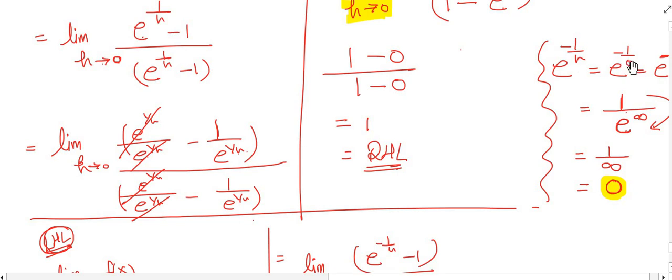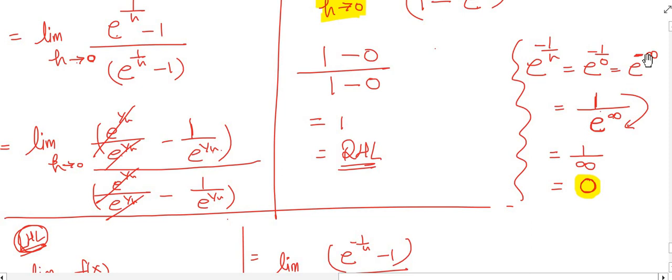If I put h as 0, minus 1 by 0 becomes e raised to power minus infinity. Correct? 1 by 0 is infinity. And I made it plus by bringing it down, 1 by e raised to power infinity. Anything power infinity is infinity. So 1 by infinity, and 1 by infinity is always 0.